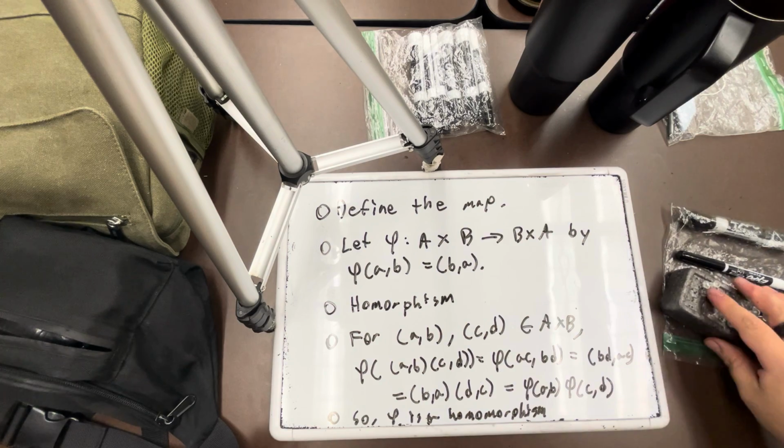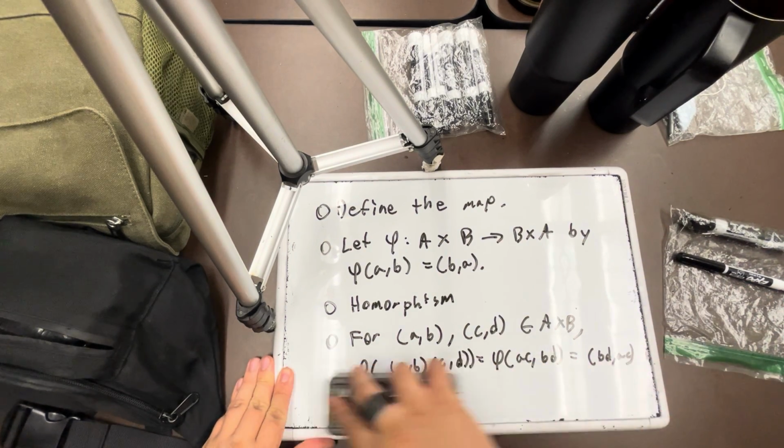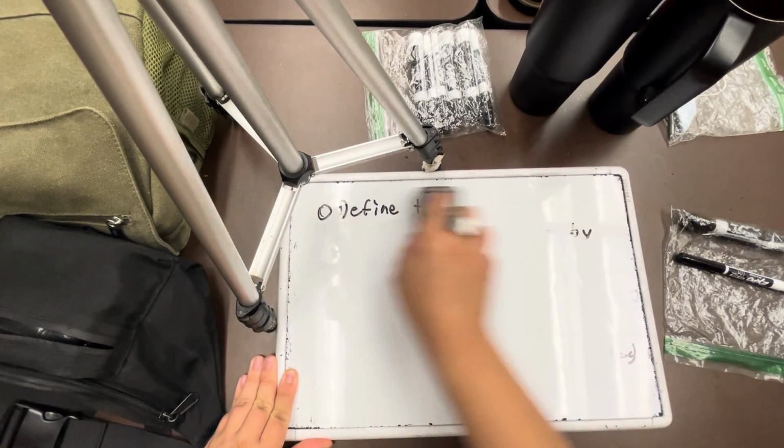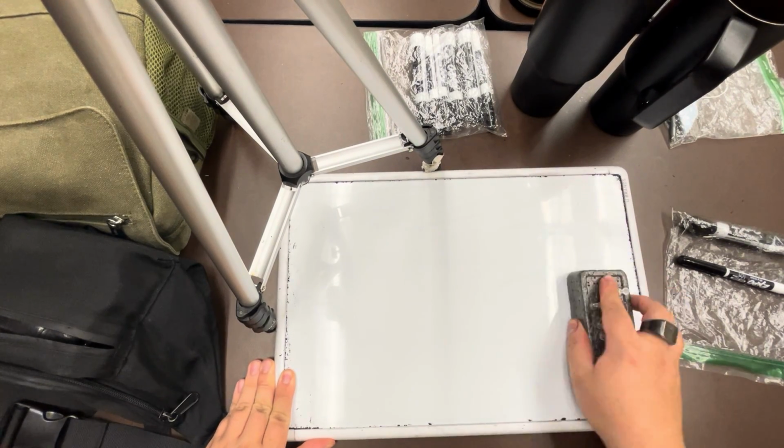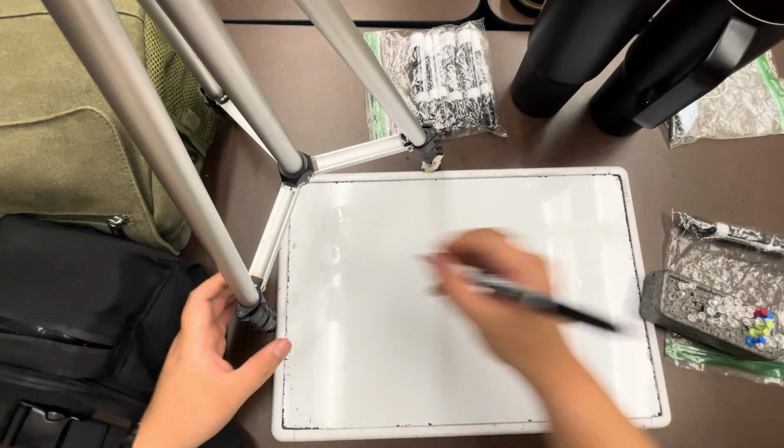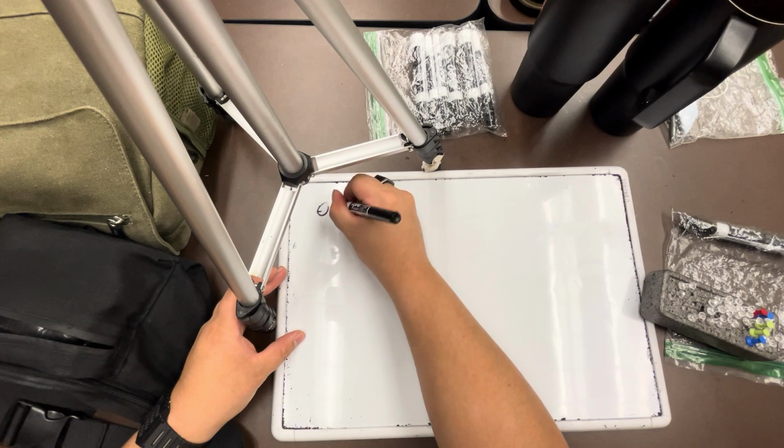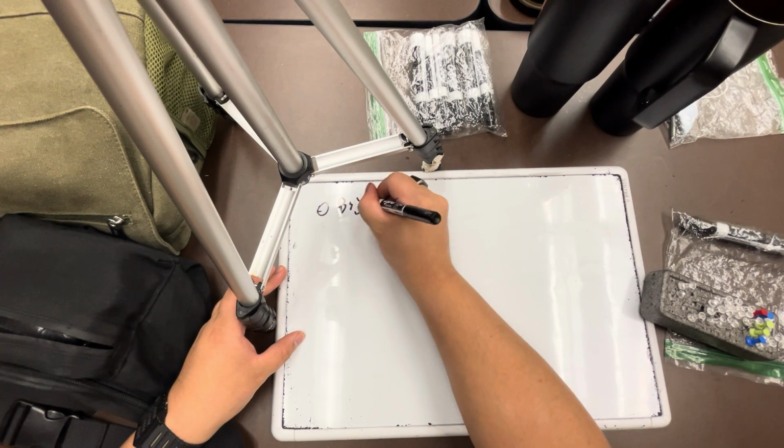All right, on to the next one. Well, no, sorry. Clear the board, and then I've got to continue on with showing that it's actually bijective. So, we'll do this via explicit inverse.